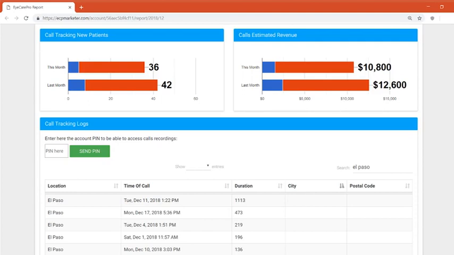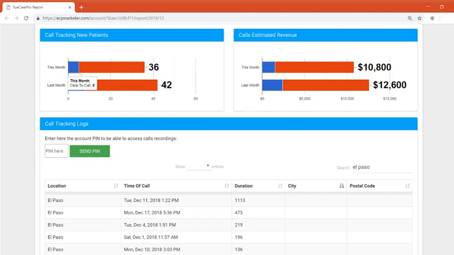Now that might be a lot out of 80 calls, but we're also including click-to-calls, and people who call on the very bottom of the website with the practice's regular number. So because of the different factors, we came out with a high number.